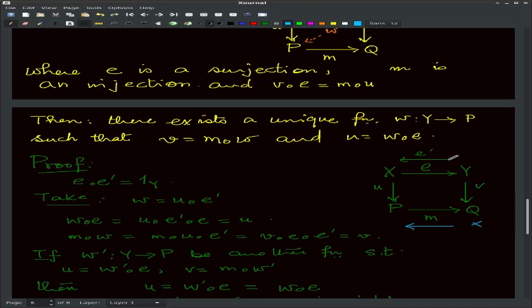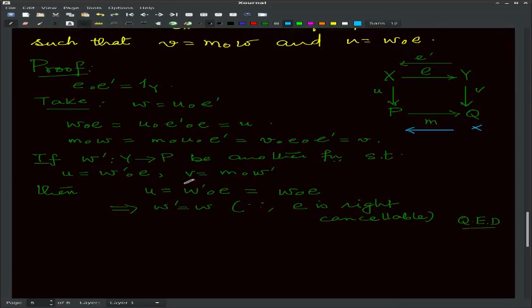And then voila, using the commutativity ve equals mu, it says whichever right inverse I take, this u does a magic. When you compose it with u, it becomes unique. That's exactly what the proof does, without going into any explicit calculation. So something to be observed: no explicit calculation.